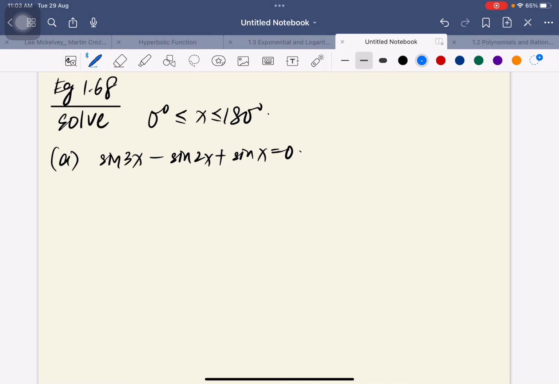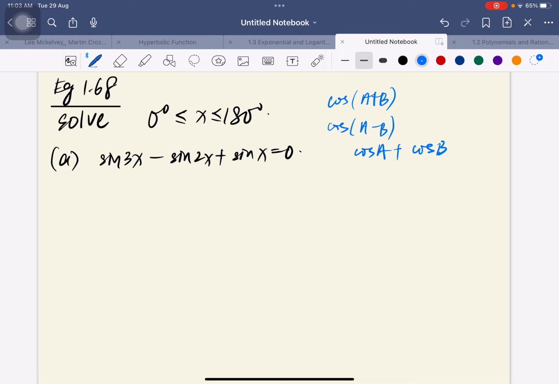We don't have a formula for that previously. Before learning the factor formula, there's only cos of angle A plus B, or cos of angle A minus B. There's no cos A plus cos B. There's no formula for it before we learn the factor formula.